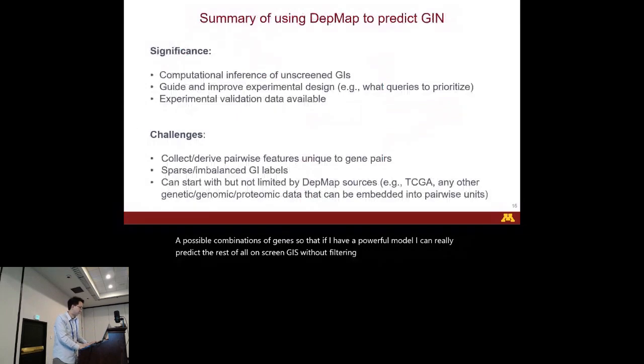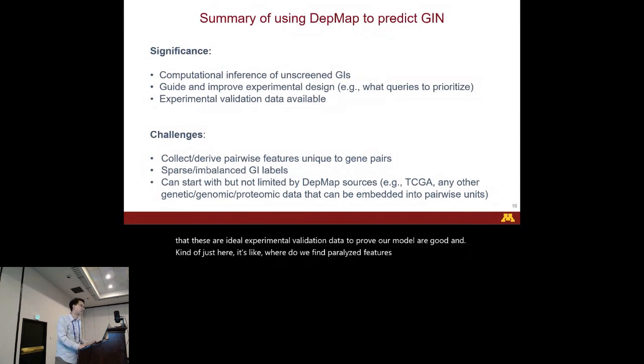Before I show you some concrete results, I want to mention the significance of doing this. We can infer the on-screen results, and using our predictions, we can guide and improve the experimental design. What's really good is that our collaborators keep doing new screens, so these are ideal experimental validation data to prove our model is good. The challenges are, where do we find pairwise features?